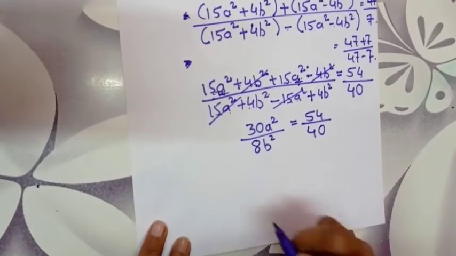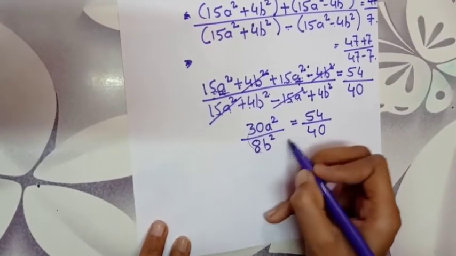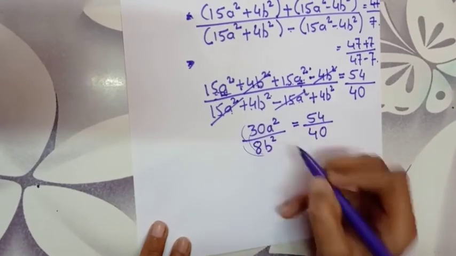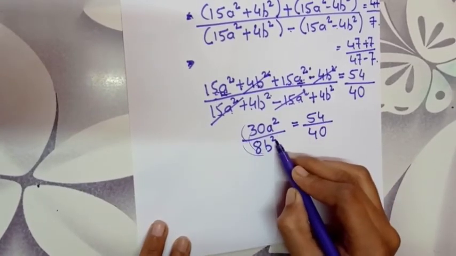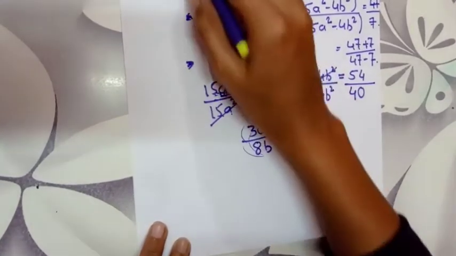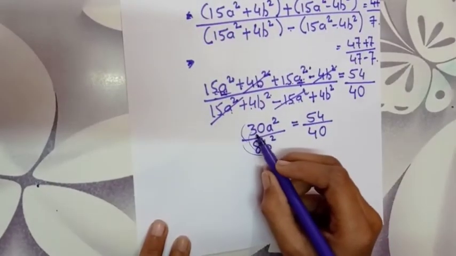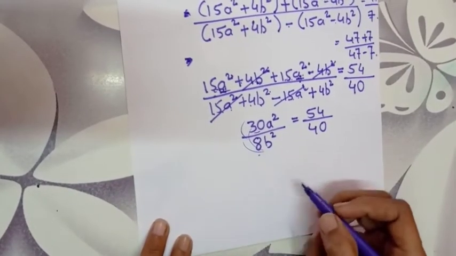Now observe this form of the ratio. Here we have got a square and b square, but we want a by b. We should not need any of the coefficients.